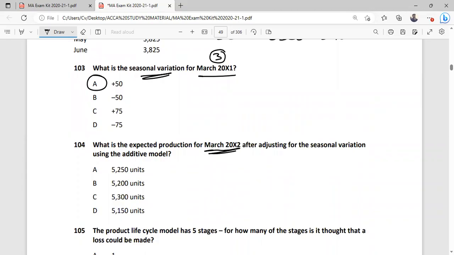In next year January 20x2 will have 13, February 14, and here March will have 15. So first of all, we will calculate Y: 3000 plus 150 into 15. So what would be the answer? Y is 5250.